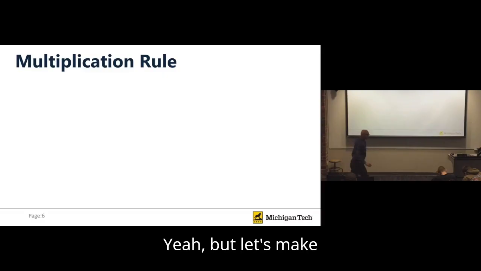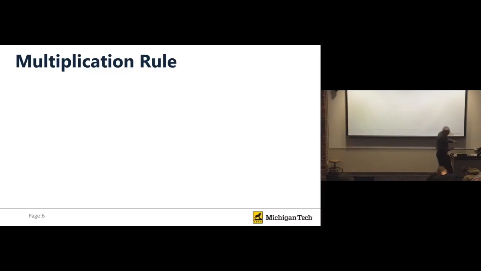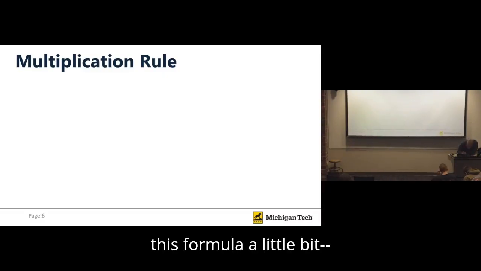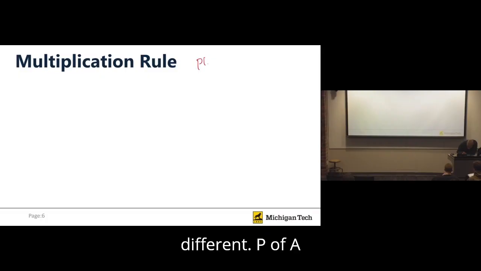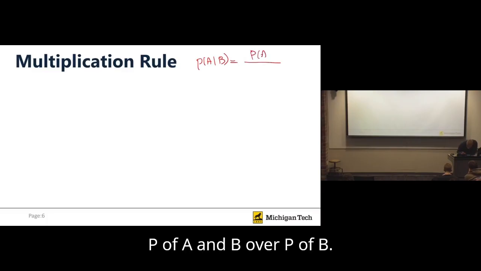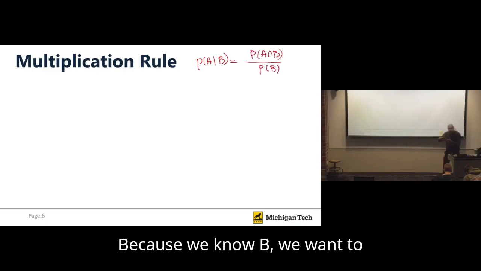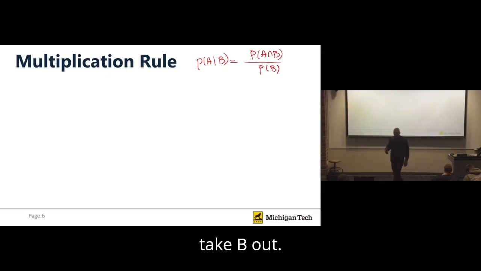Yeah, but let's look at that formula a little bit differently. P of A given B was P of A and B over P of B. Because we know B, we want to take B out.